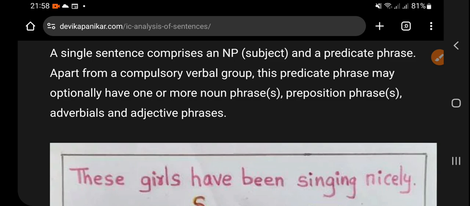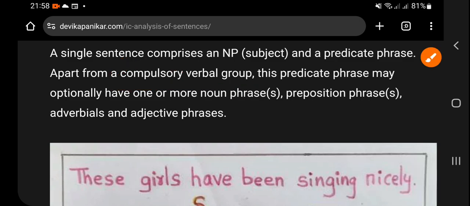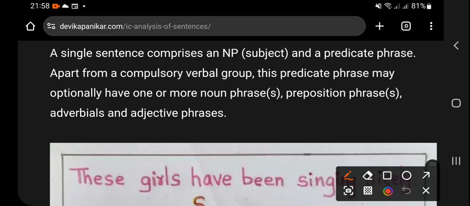Apart from a compulsory verb group, please note here, that is a compulsory verbal group, right? This predicate phrase may optionally have other options. What are the chances in the predicate phrase? Optionally, it may have one or more noun phrases, right?